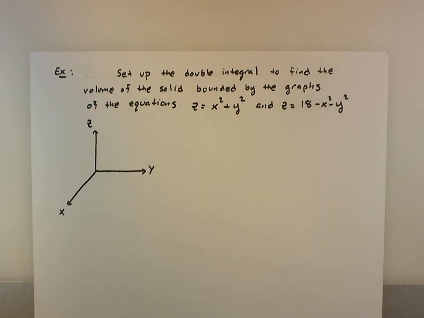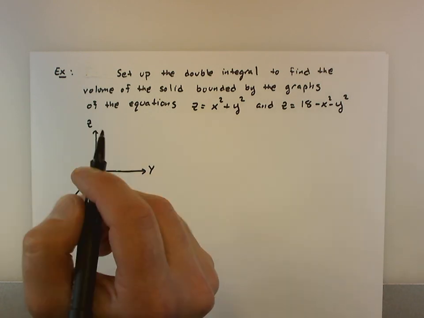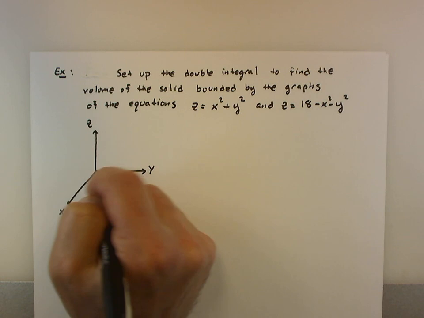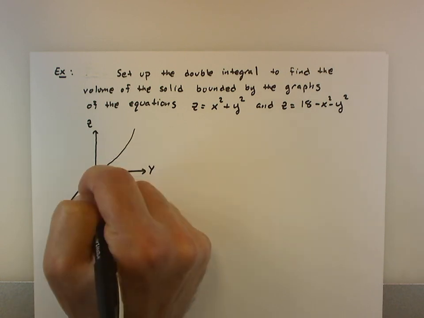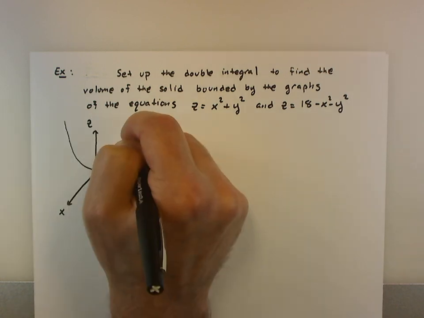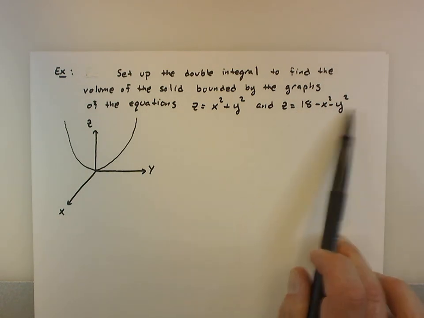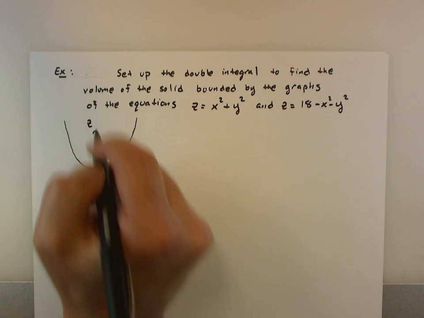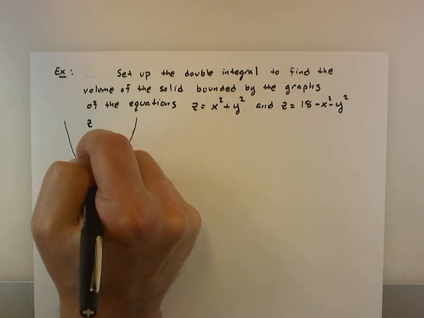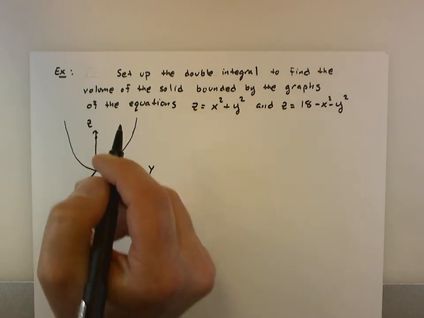So graphically, z is equal to x squared plus y squared is an elliptic paraboloid. Which is this. Z is equal to 18 minus x squared minus y squared is an elliptic paraboloid shifted up 18 units but upside down. So shifted up 18 units and then flipped upside down.